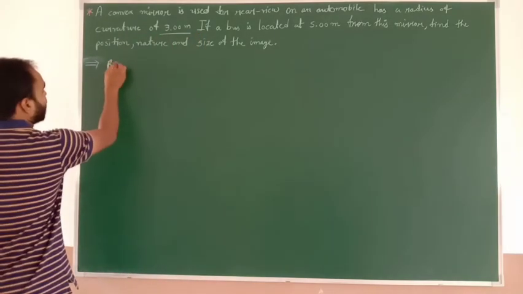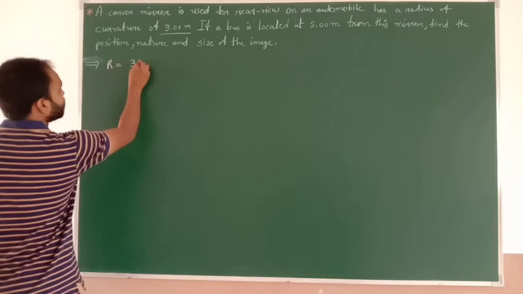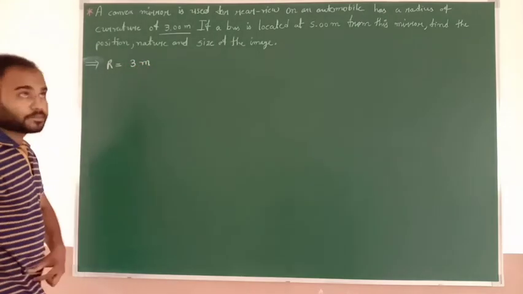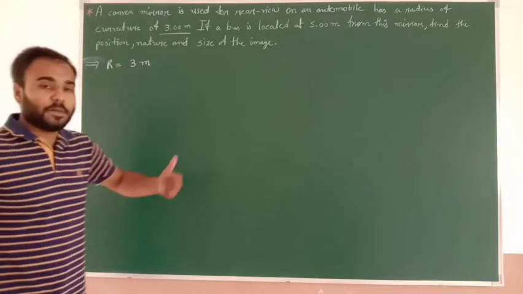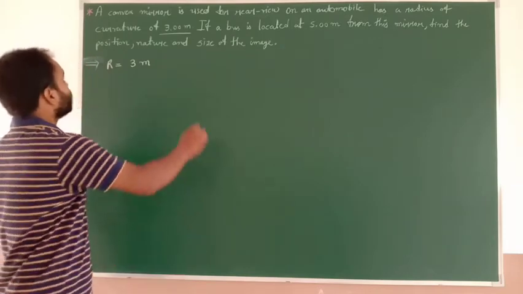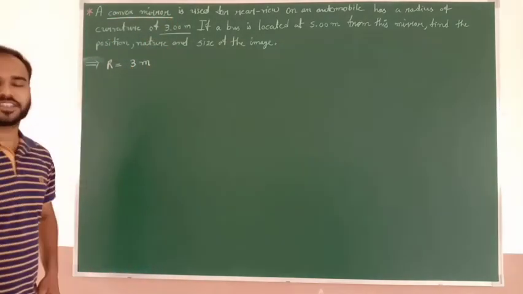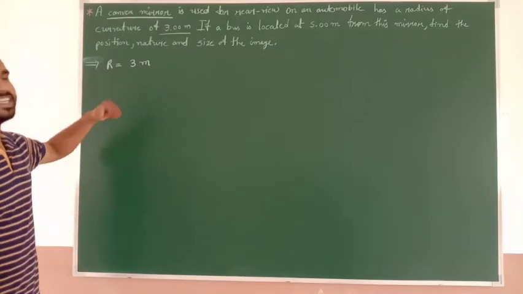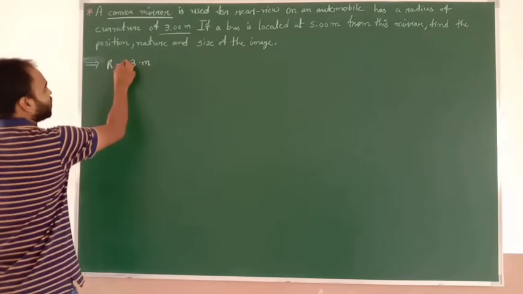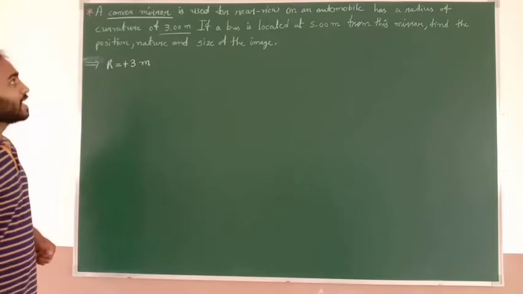So capital R is equal to 3 meter. But whether the radius of curvature is positive or negative will be decided from the mirror. The mirror is a convex mirror, so the radius of curvature will be positive.